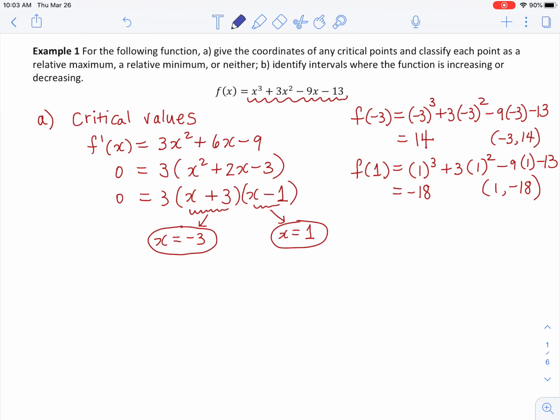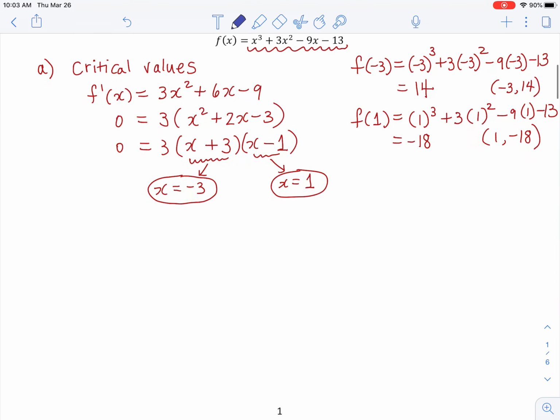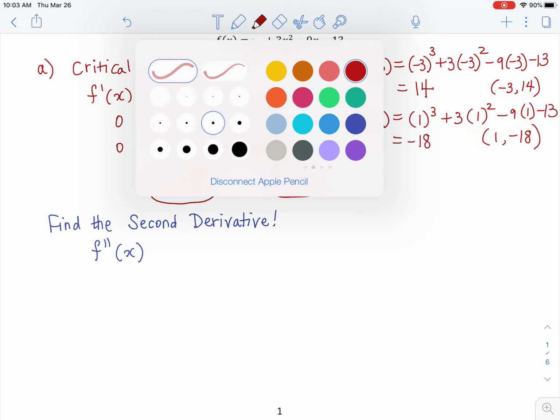Let me change the color of my pen to blue. All right, so I'm going to say find the second derivative. Okay, so what's the f double prime of x? Let me show you what I'm using.